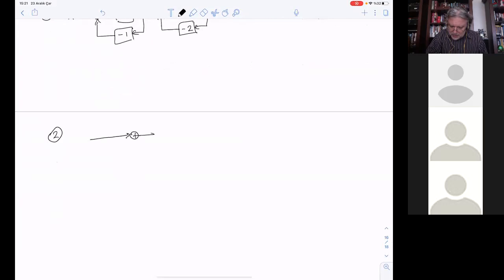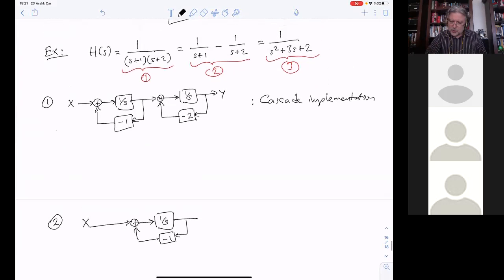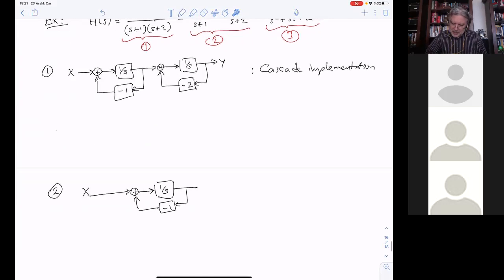This is 1 over s plus 1. The input is x, and the output is the output of 1 over s plus 1 with the same input.